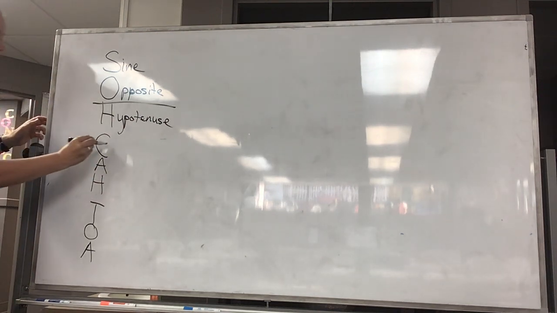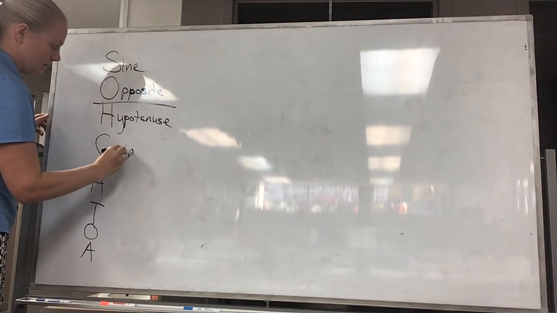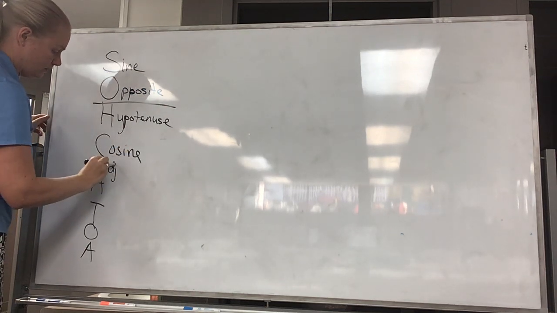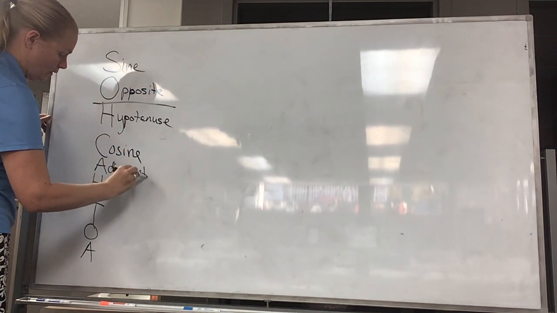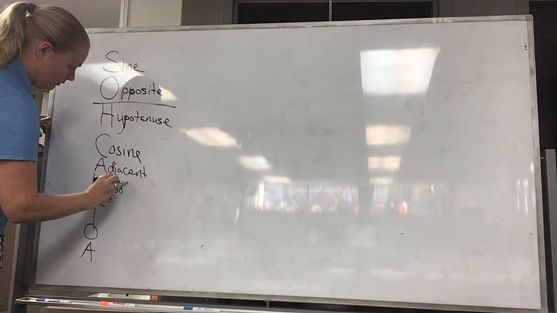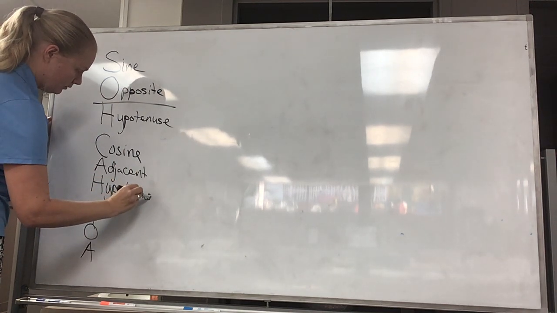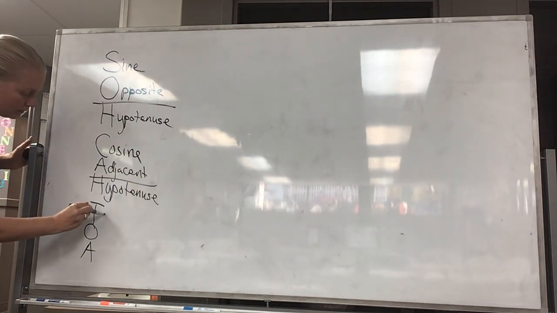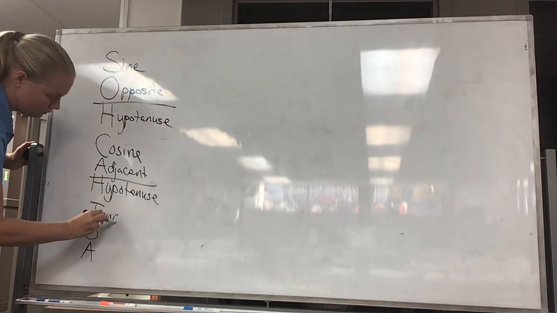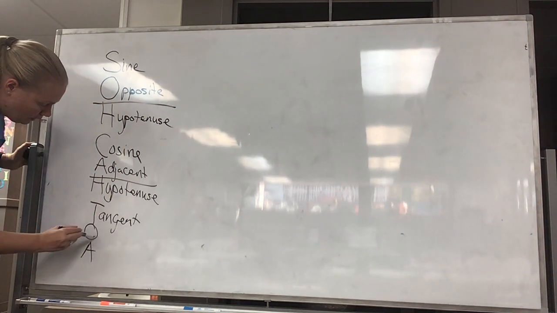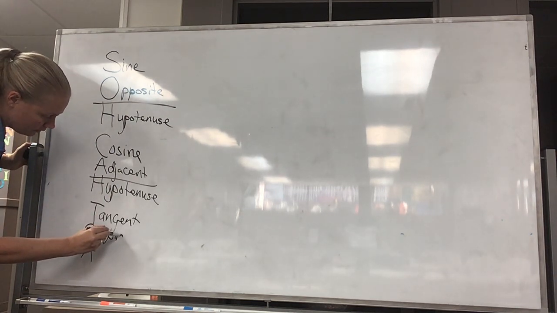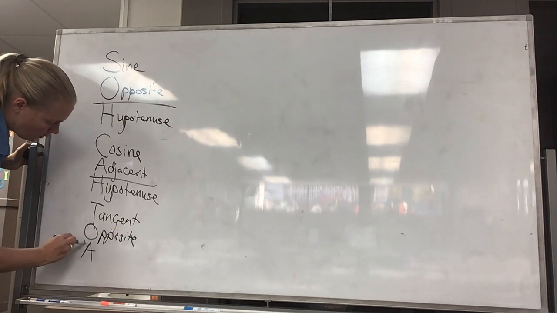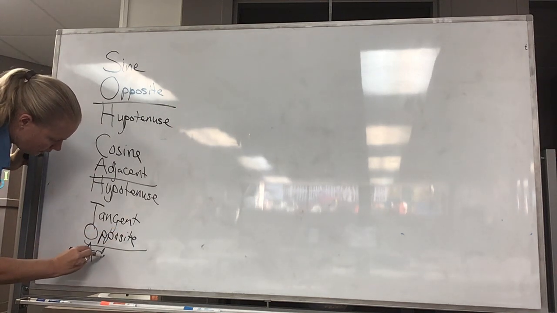The cosine is the adjacent over the hypotenuse. And the tangent is the opposite over the adjacent.